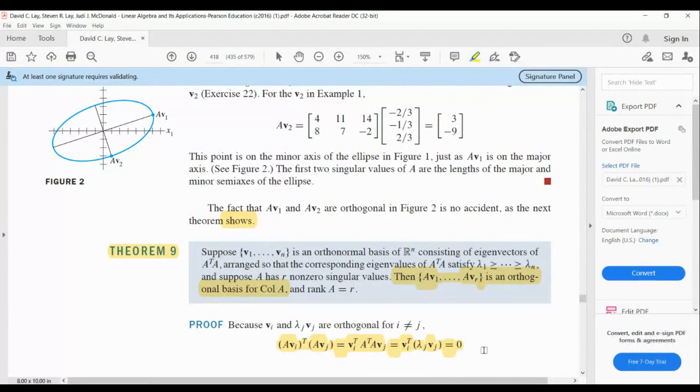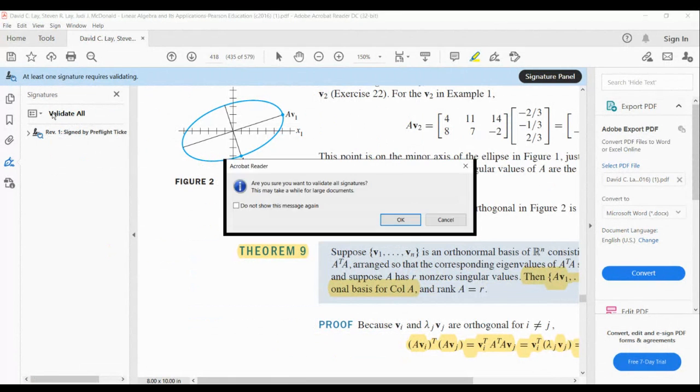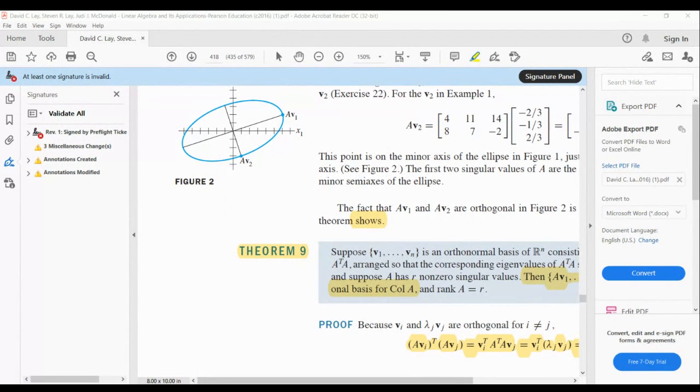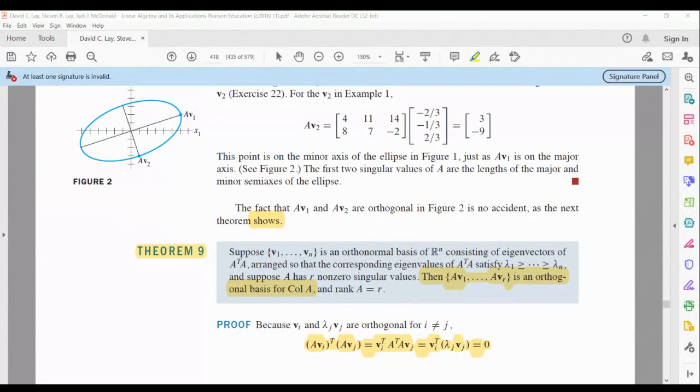If you were to take the dot product of the vector Avi transpose with another vector Avj, okay, let me do this again.